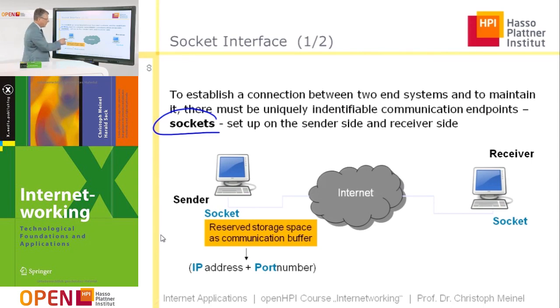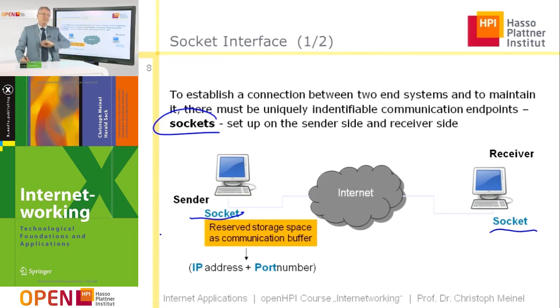We have the sender, we have the receiver, we have the interconnecting internet, and for the communication there are sockets on both sides, on the sender side as well as on the receiver side. The sockets provide storage space that may be used for communication buffers.